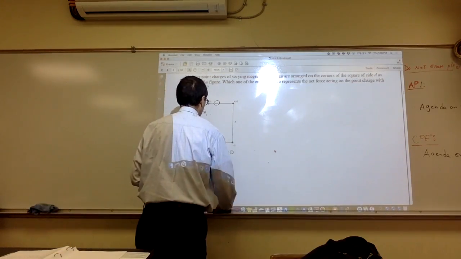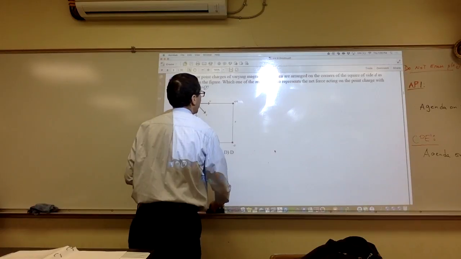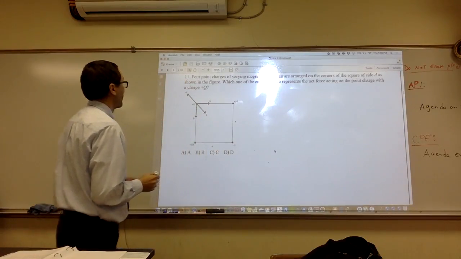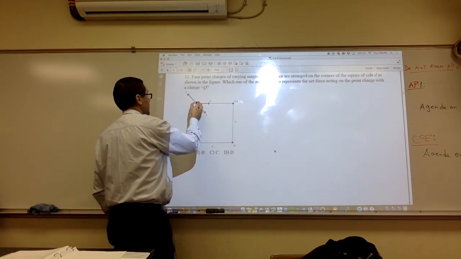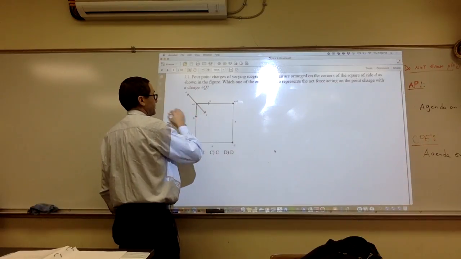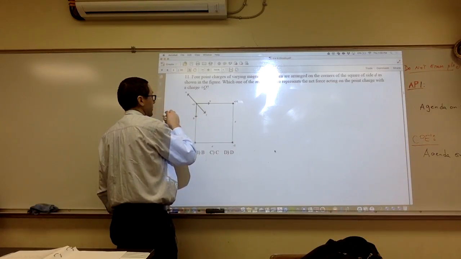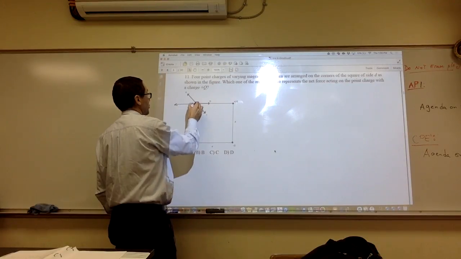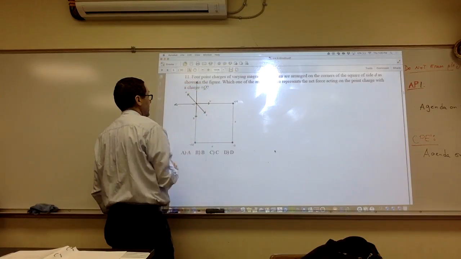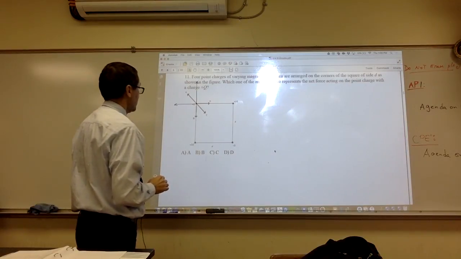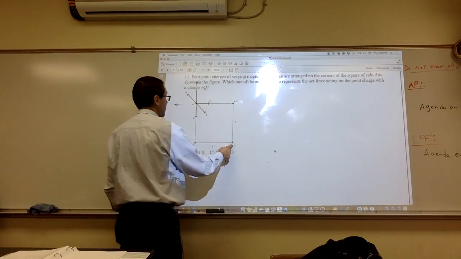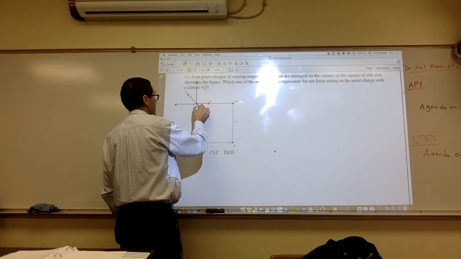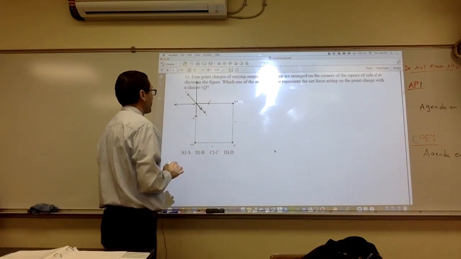Let's look at number 11. So we're going to see the force on this one here. The 2Q pushes it this way. This 2Q pushes it this way. Equal magnitude. This negative Q attracts it this way.